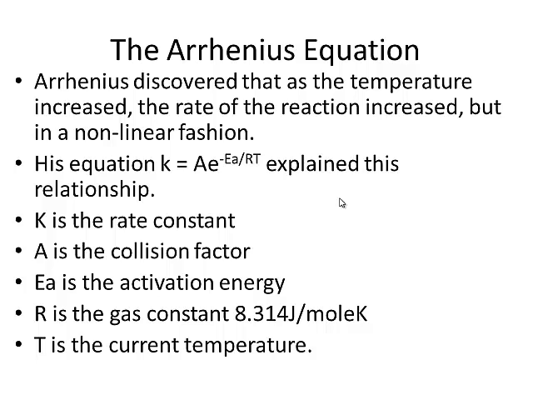Joules is the same as kilopascals times liters, so it's the same as the gas constant if you were to have it in kilopascal liters. So it's 8.314 joules per mole Kelvin, so remember to use that on all problems and things that you do with rates. And T is whatever the current temperature is in Kelvin.